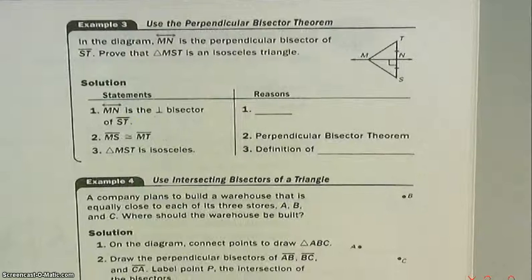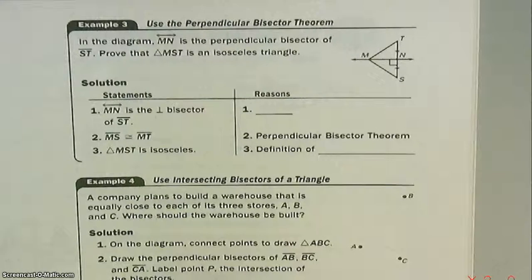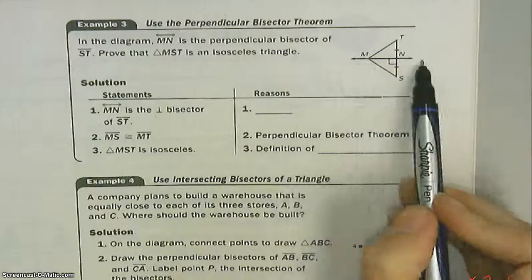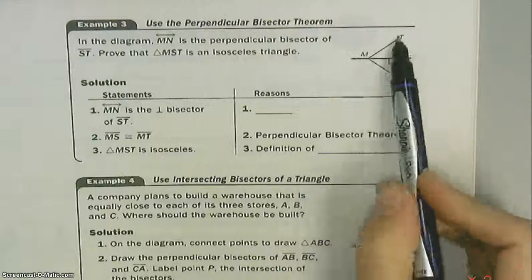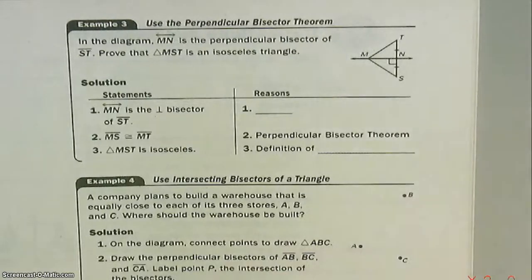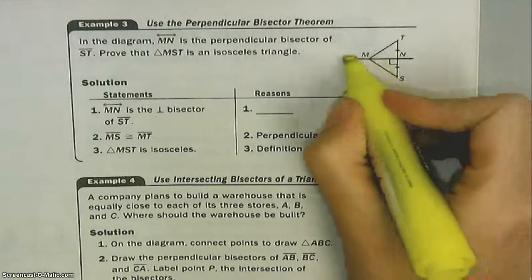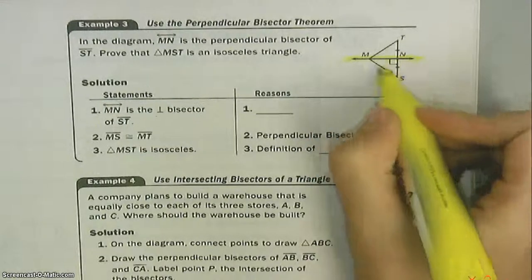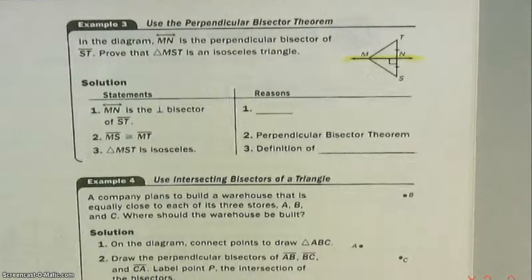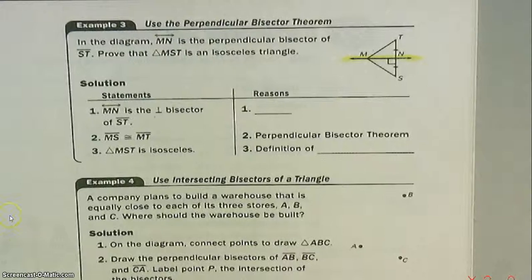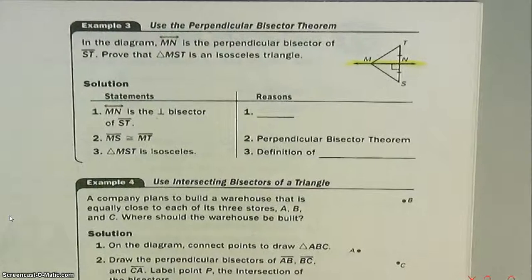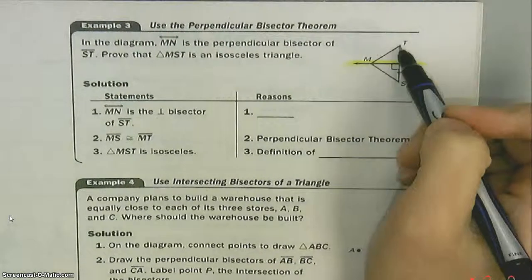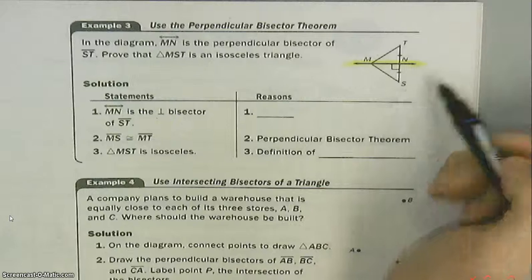In the diagram, MN is the perpendicular bisector. Prove that MST is an isosceles triangle. All right, here's our perpendicular bisector. And we have to show that this triangle has two sides the same. Well, we just learned that if you're on the perpendicular bisector, you're equidistant from the endpoints.